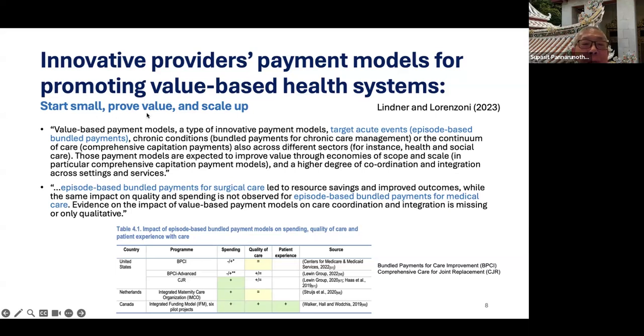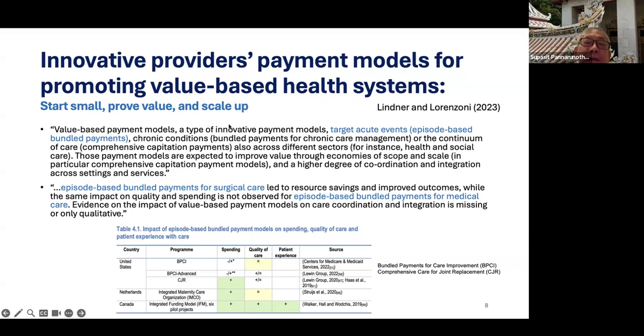start small, prove value, and scale up, because there are catchwords that are very fashionable, that we have to use the terms to promote the value-based health system.